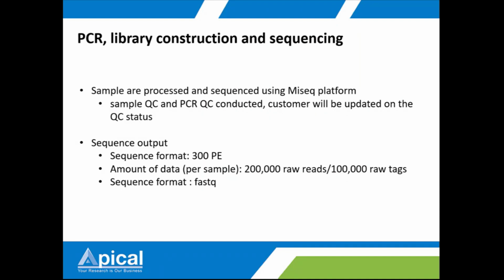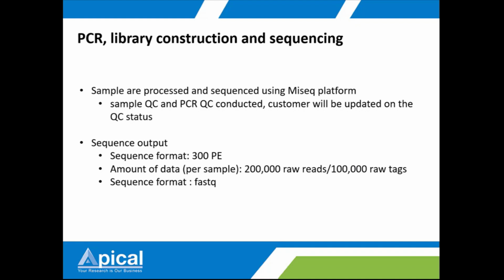If both the sample QC and PCR QC pass, we notify the customer that the sample is good to run for PCR, library construction and sequencing. We update the customer by email about the QC status.